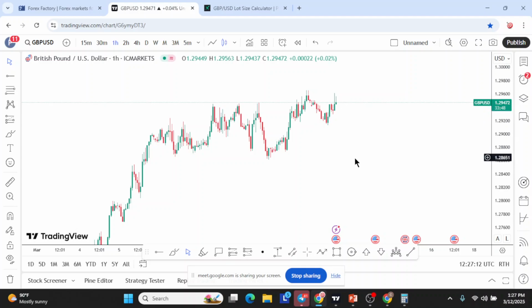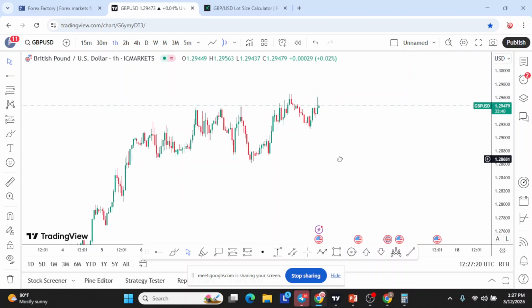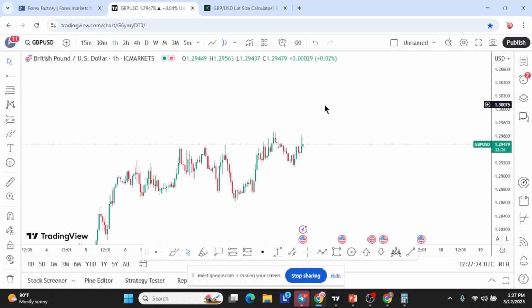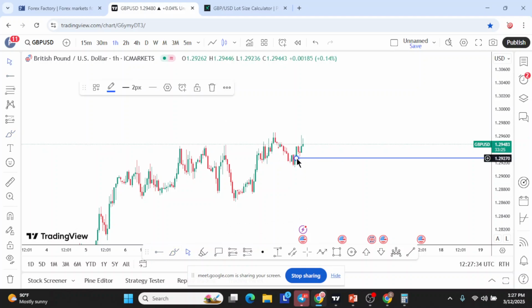So now on the chart here, this is the current price that GBP USD is trading at, 1.2947. If we want to apply buy limit, let's say we want to buy now, we are expecting that the market should go up, but we don't want to buy here. We want to buy at this point, 1.29270.